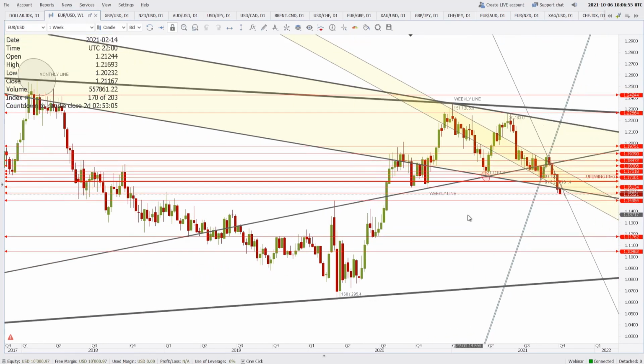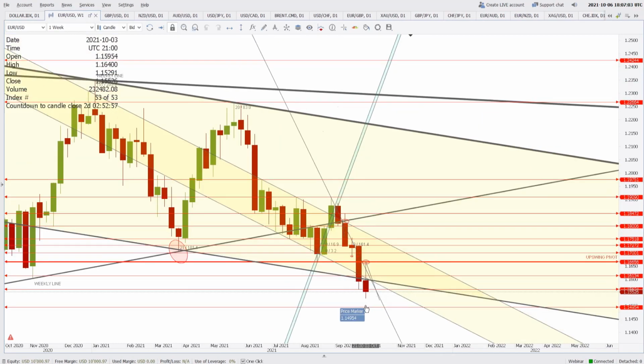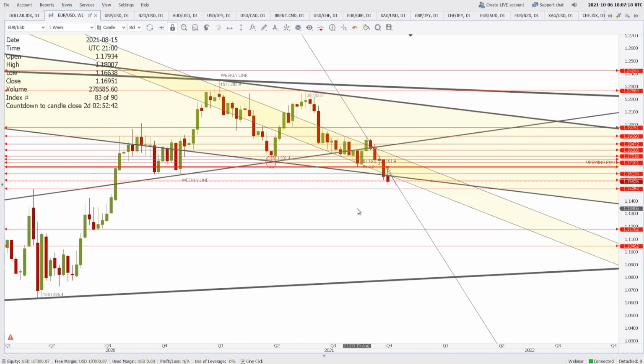I cannot say it will be a good support because it has been a good resistance in the past, so I'm just expecting that it can offer some buying opportunity to some buyers, but will it hold? Only time will tell. People may be looking at this as a buying opportunity, but this double top breakdown is suggesting to me that there are more losses on the way. So we can see even 1.1176 and 1.1046.